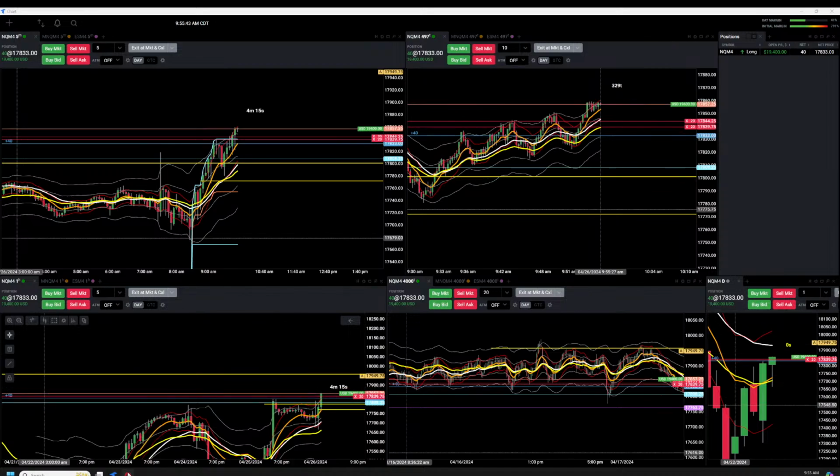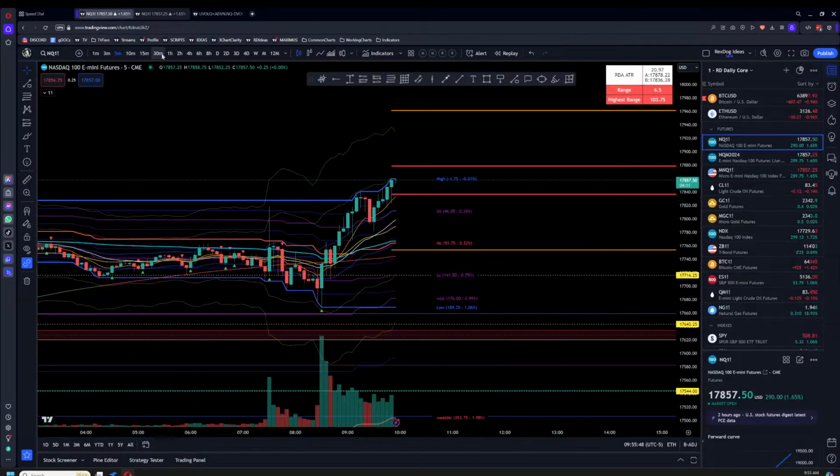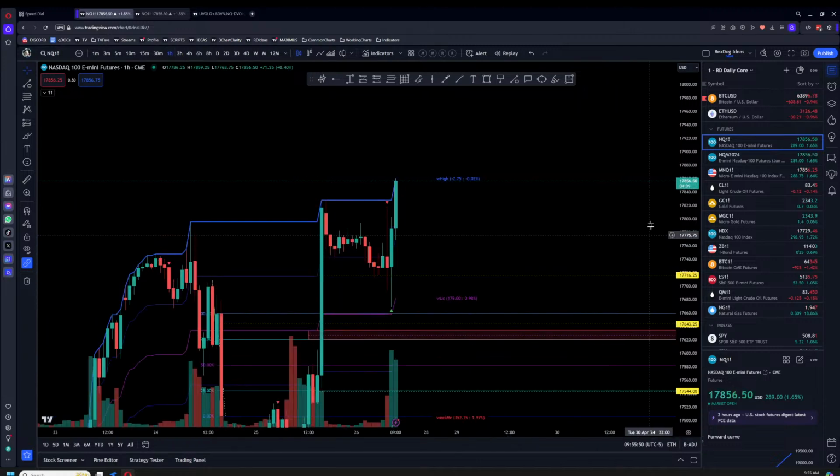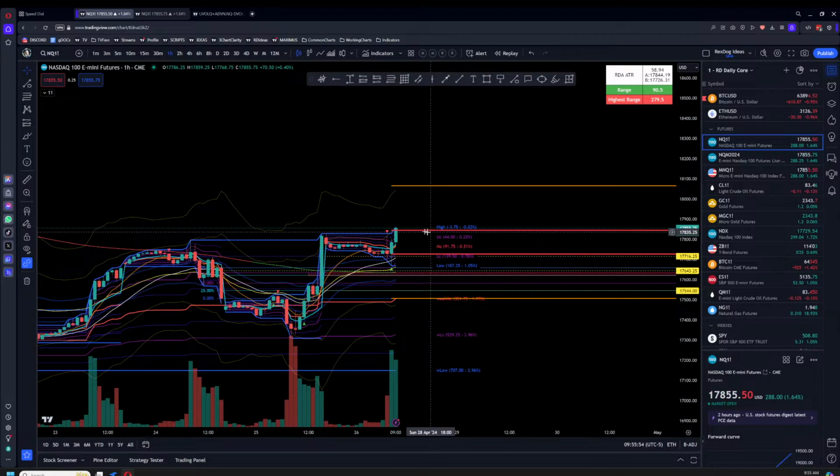Let's look at the 60, see what the ATR says on that. Bam. So we're already at the current ATR for the 60. That would have been helpful, knowing that.